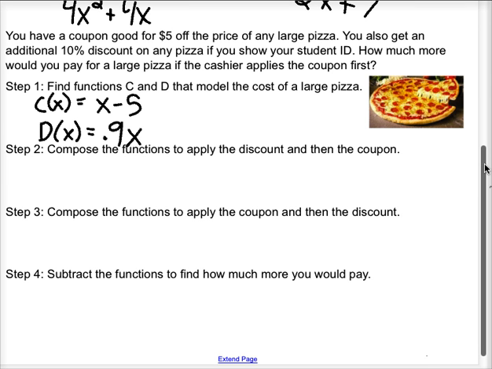So first we're going to compose the functions. We're going to apply the discount and then the coupon. So start with the discount. Again, we work inside out like this. So if we're applying the discount first, we start with the discount and then we move outward to the coupon.